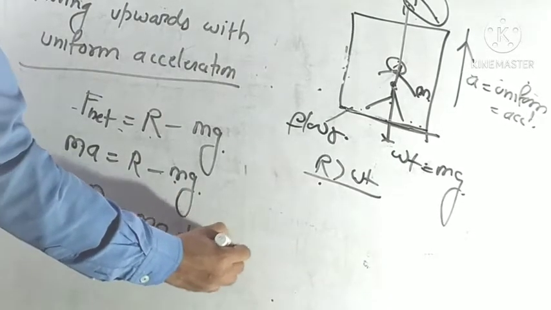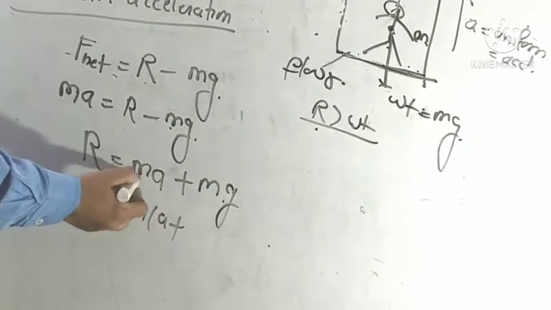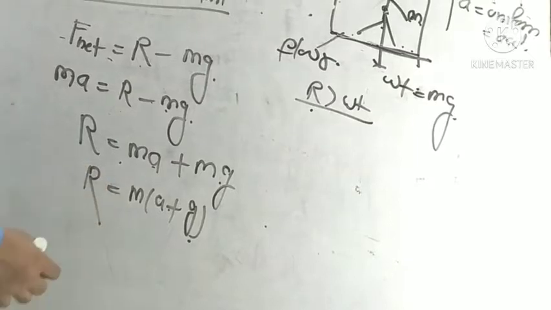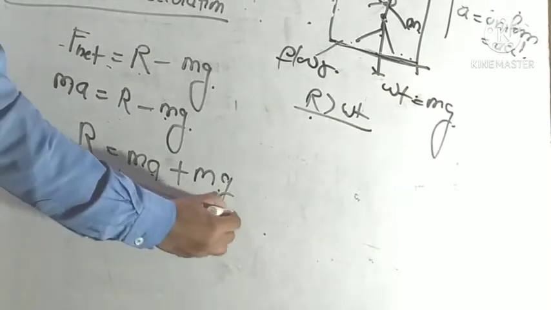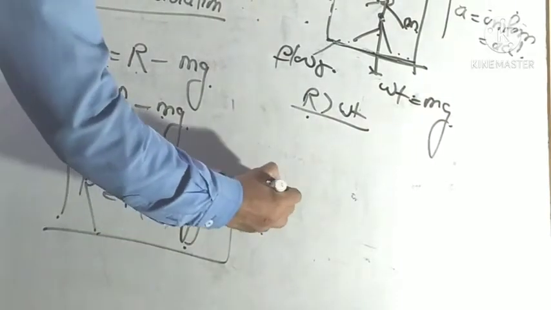We take m common, and inside the bracket is acceleration plus g. So R is equal to m(a plus g). Here apparent weight is greater than actual weight.